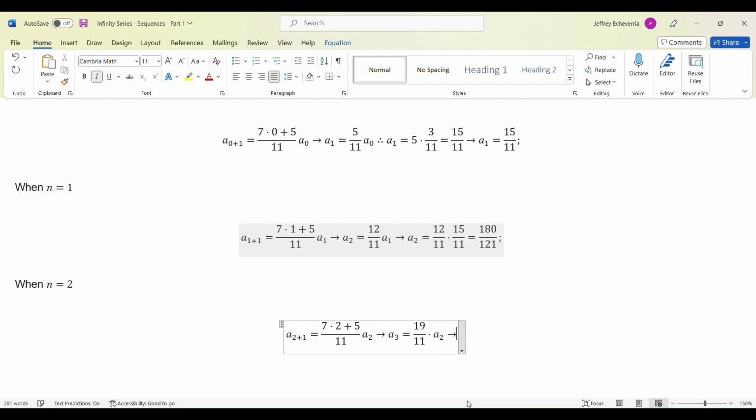But remember our a sub 2, we solved it on a previous one, which was 1,000. Sorry, I misspoke. 180 divided by 121. So let's do that. So let us solve this.